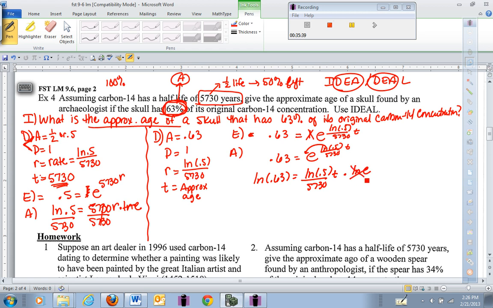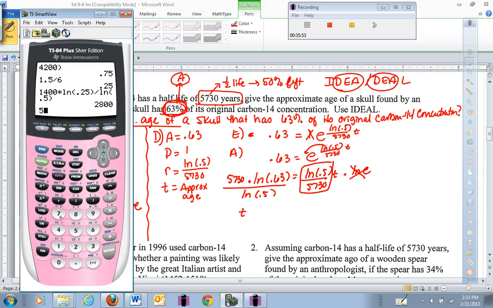The natural log of e is 1, so I'm going to multiply both sides by this reciprocal, 5730 over the natural log of 0.5. Okay, so the time that I'm going to get on my calculator is 5730 times the natural log of 0.63 divided by the natural log of a half.